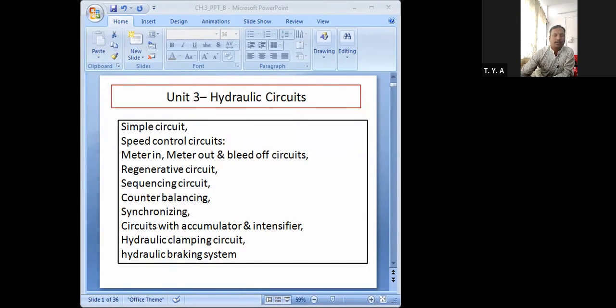Now come to our first point, that is, firstly we'll discuss the simple circuit.